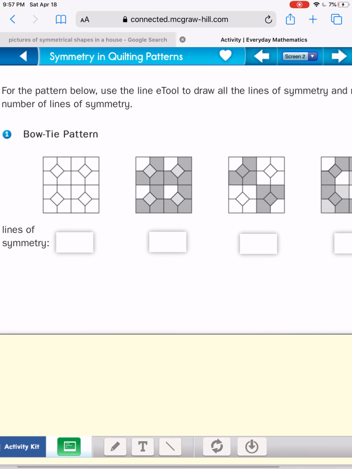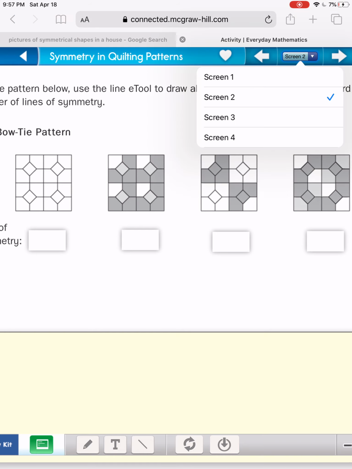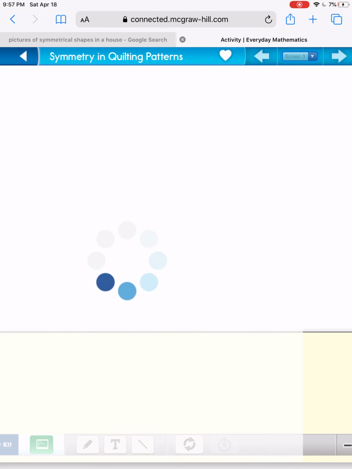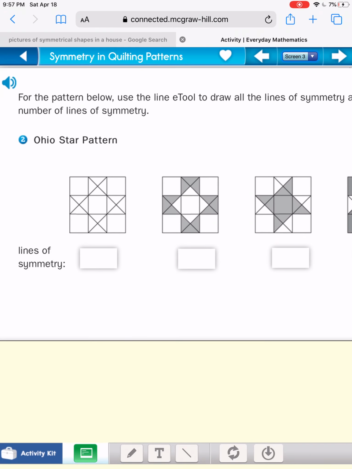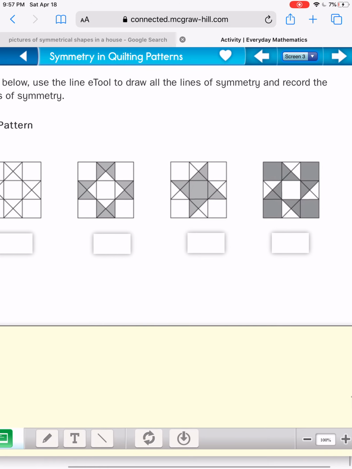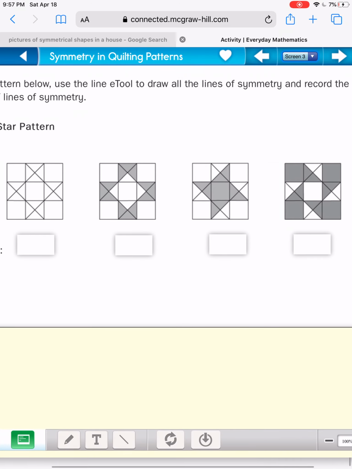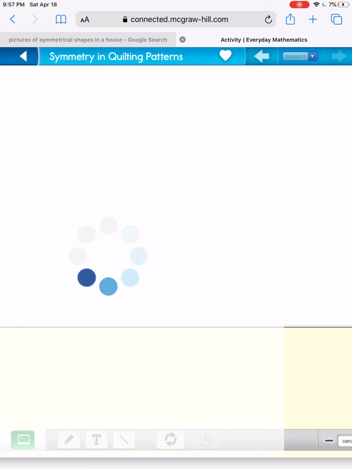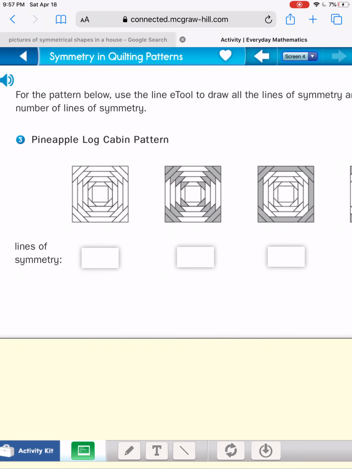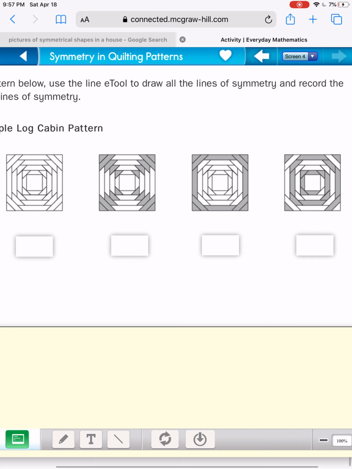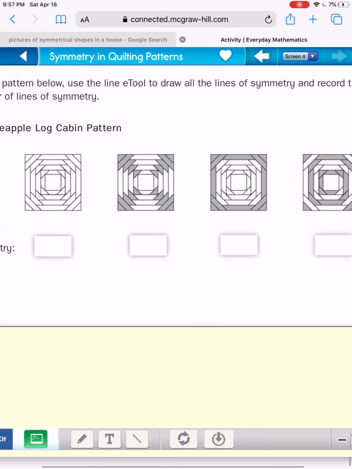Remember, it's going to change even though the basic pattern is the same. Then you're going to do the Ohio star pattern, which looks like this. How many lines of symmetry? And then my all-time favorite, the pineapple log cabin pattern, which I just think is pretty cool because it almost looks three-dimensional. So you're going to do the same thing. You're going to figure out how many lines of symmetry those pictures have.